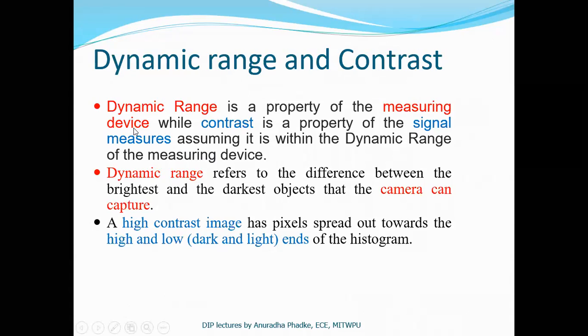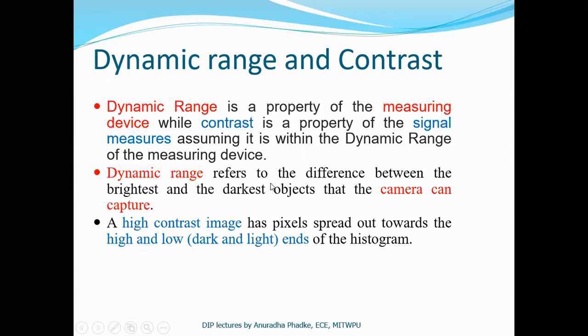If we are using a camera to capture an image, then dynamic range is a parameter related to the camera, and contrast is a property of the signal captured, or the image captured from the camera. Dynamic range is a property of the measuring device, while contrast is a property of the signal measured, assuming it is within the dynamic range of the measuring device.